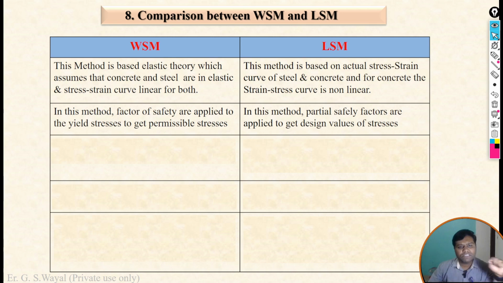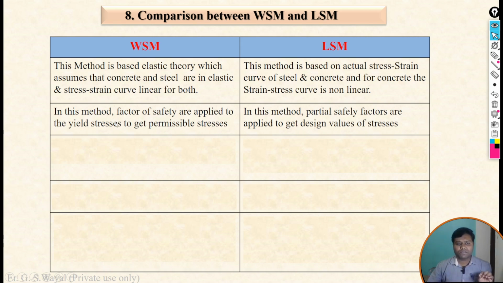The next one is factor of safety. In the working stress method, the factor of safety is applied to the yield stresses to get the permissible stresses. In the limit state method, the partial safety factors are applied to get the design values of stresses.